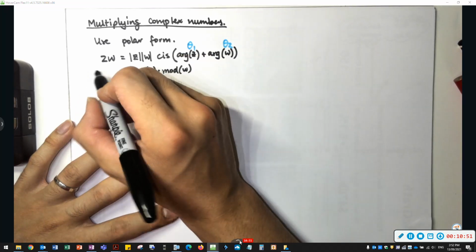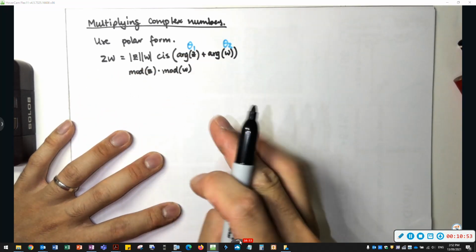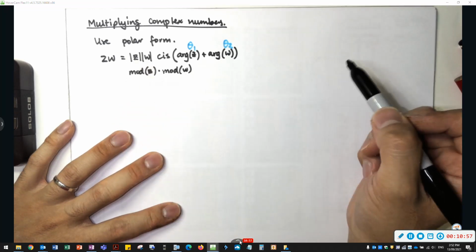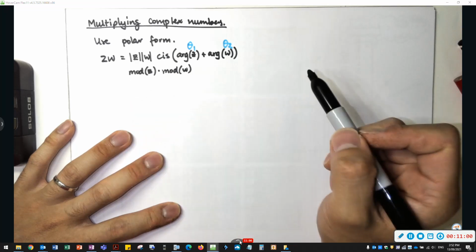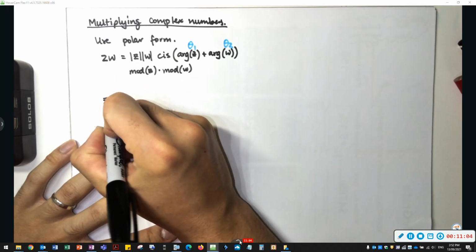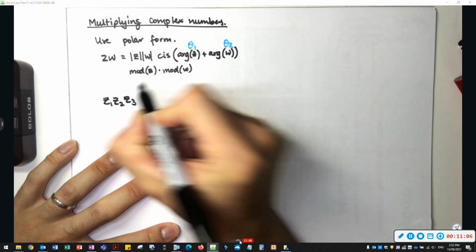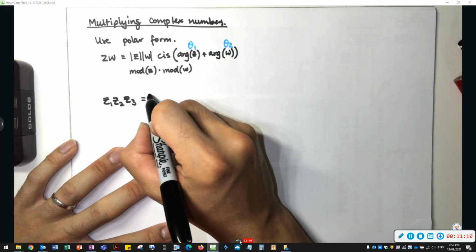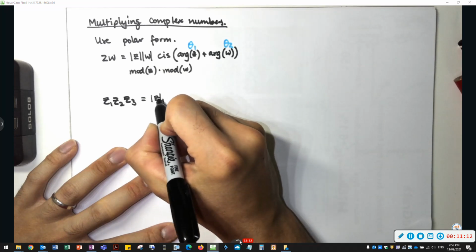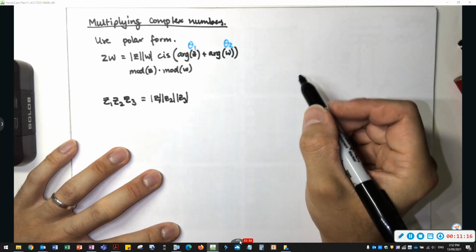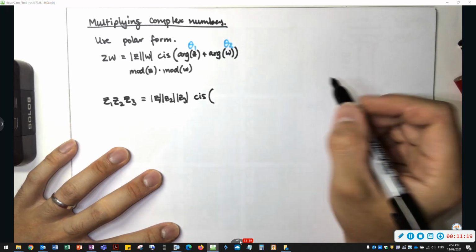In general, you can actually just know that you just multiply all the moduluses. So if you had 3 complex numbers, by the way, so if you had z1 times z2 times z3, then it's just the product of the 3 moduluses. So you can have modulus of z1, modulus of z2, modulus of z3, and then cis, and then you add the arguments.